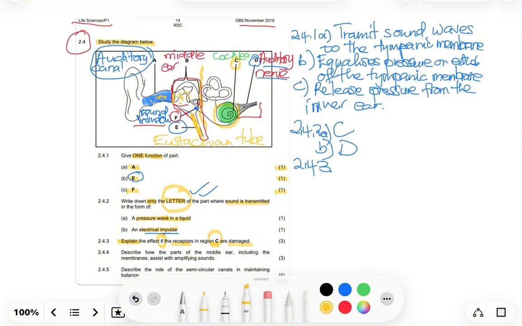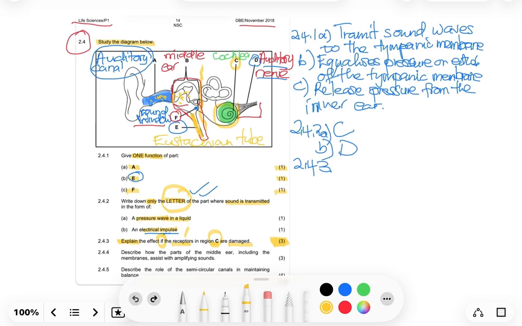What would be the effect if receptors in region C are damaged? That's what the question is asking, and it's for 3 marks. Already you can see that this is a moderately difficult question, which requires you to know the relationship between the receptor, the impulse that will be generated by the receptor, and the hearing process.